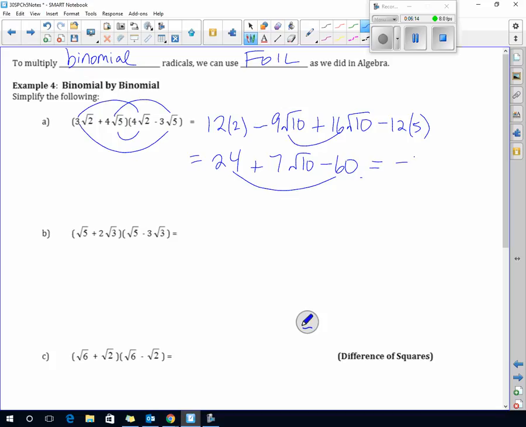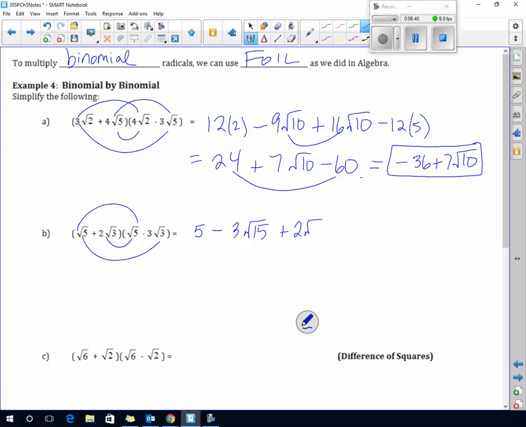Okay, I'll keep going. Root 5 times root 5, 5. Outer. Minus 3 root 15. Inner. Plus 2 root 15. Last. Minus 6 times 3.